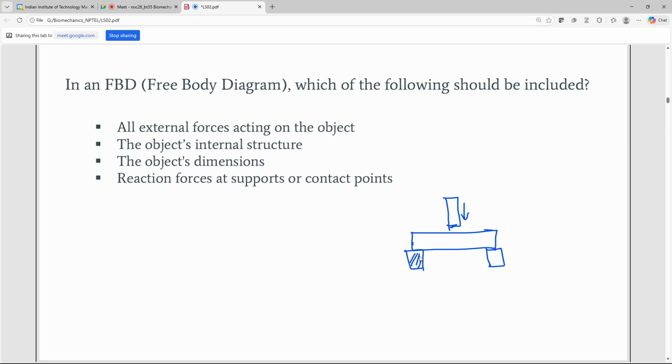These are the supports. This is the log of wood, and this is the direction of force acting on it. So how can you represent this figure using a free body diagram? Then you can easily pick up the solution from the choices.